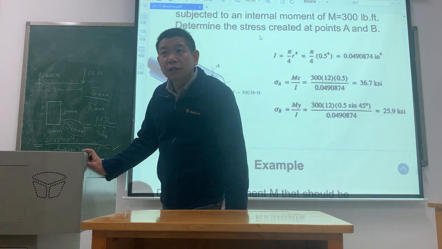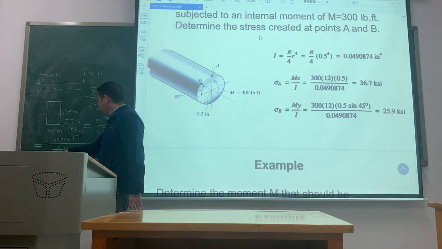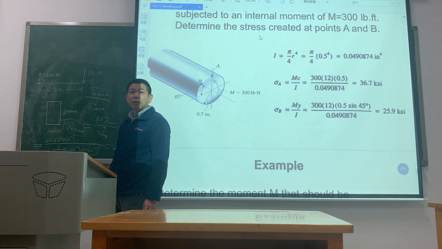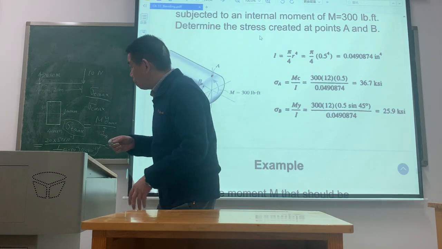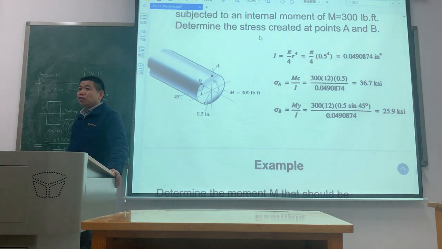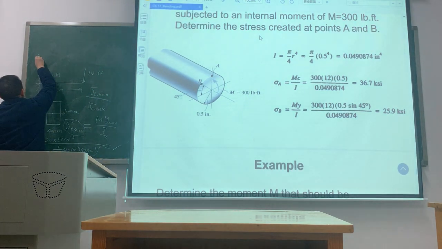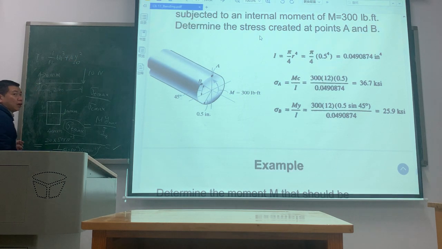It is b h cubed over 12 plus A d squared, but the axis passes through the center, so d is zero.